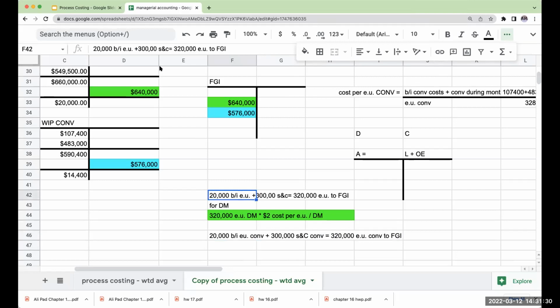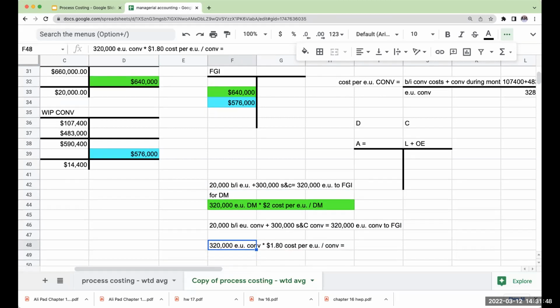Okay, I just forgot a zero here. Got to get out with a zero in with a hero. So this is going to be 320,000 equivalent units for conversion times $1.80 cost per equivalent unit for conversion.